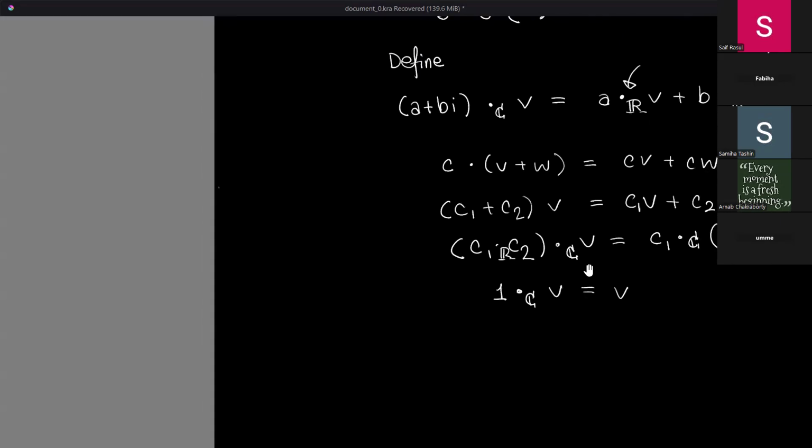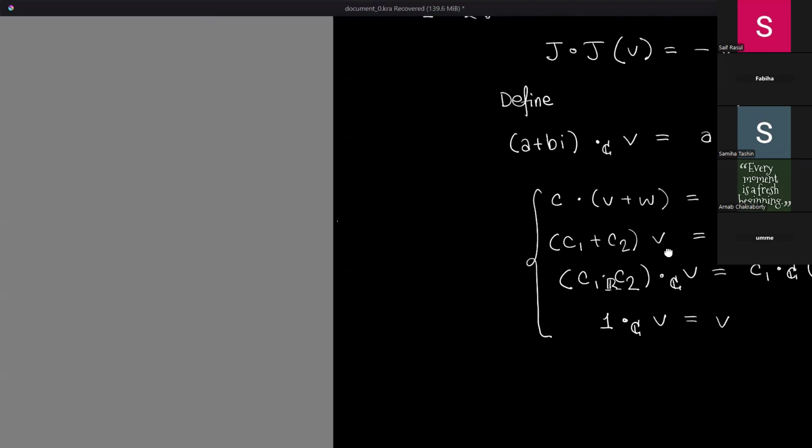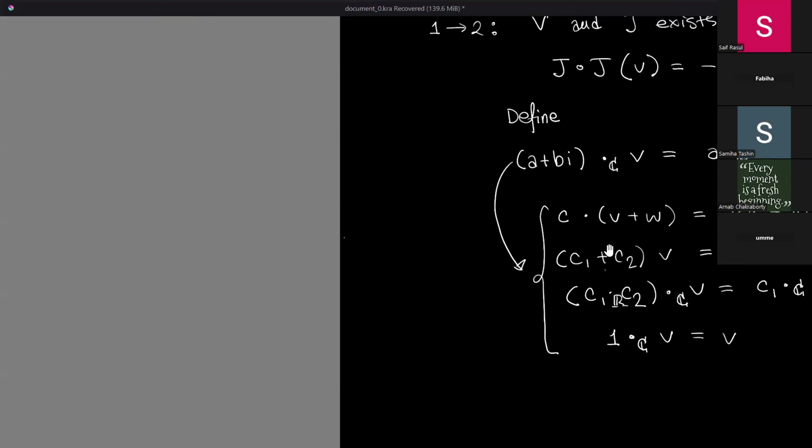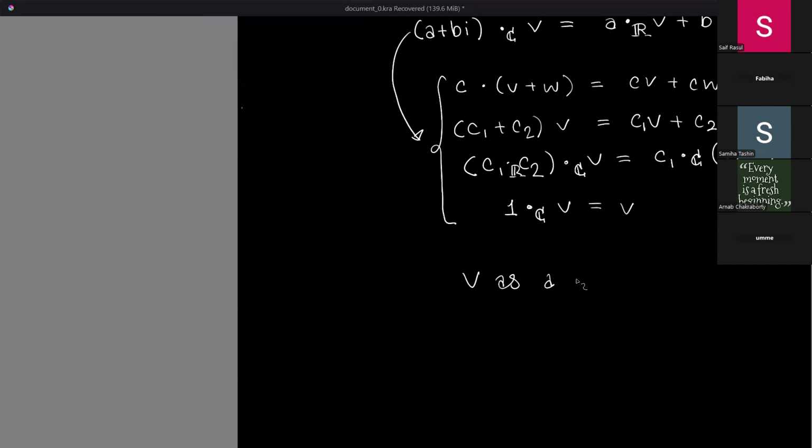So if all 4 of these properties are satisfied, then we know that this is a well-defined notion of complex scalar multiplication, which means that we can treat V as a vector space over C. In a very subtle sense, you might want to check that the addition doesn't get messed up by the fact that we introduced this scalar multiplication.